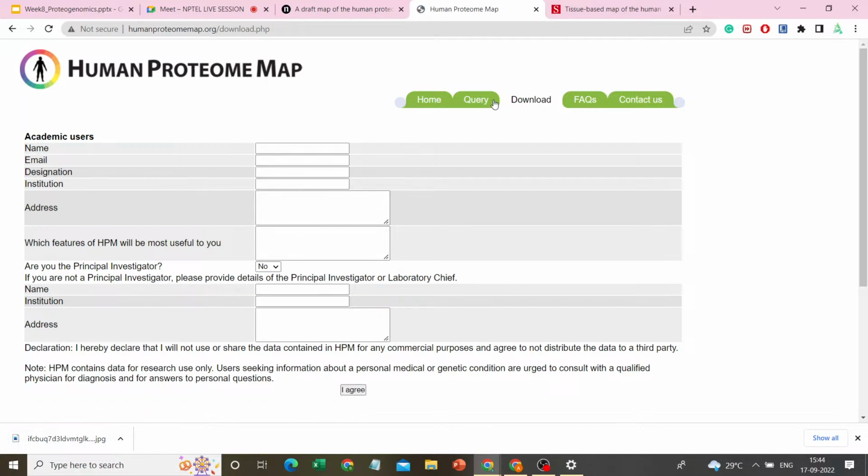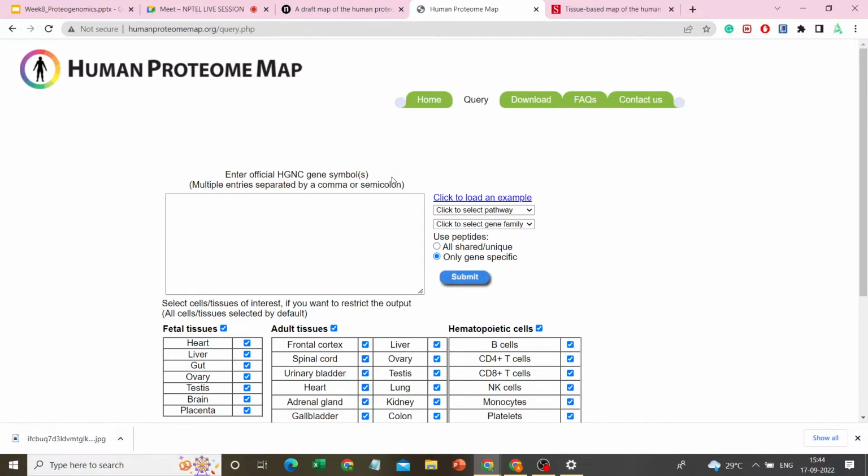The benefit is that, for example, if you are working with a liver disease and you don't have a normal liver sample, you can just download their raw data of the normal, because these are from patients who are fully normal, histologically normal. You can download the data and analyze it in your own way, and when you do, you can identify the proteins or markers which are differentially expressed.